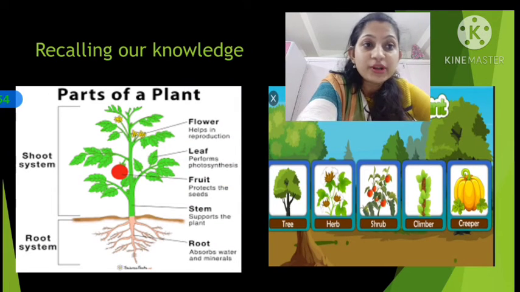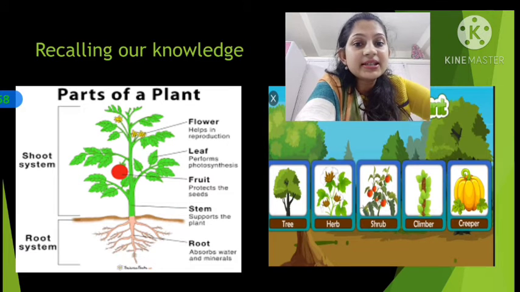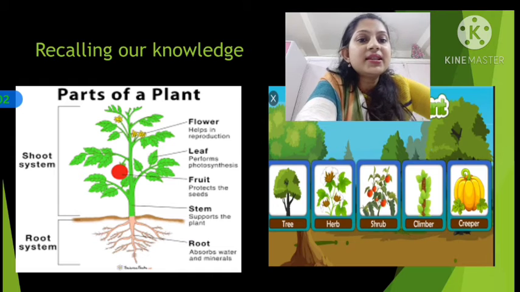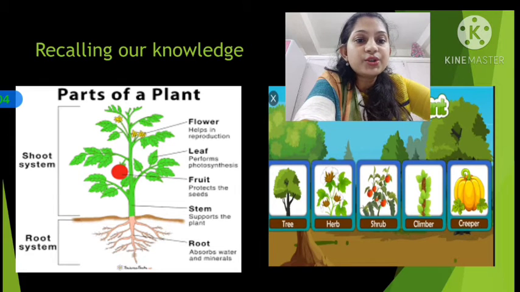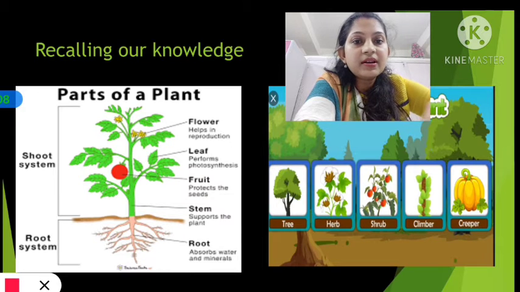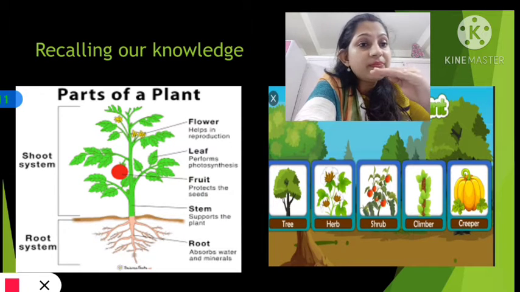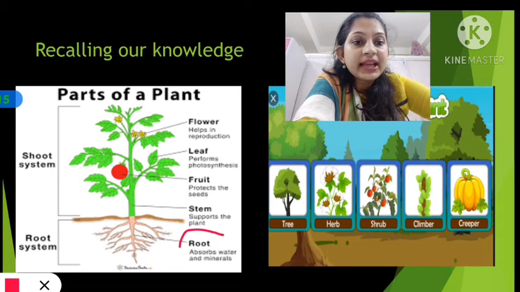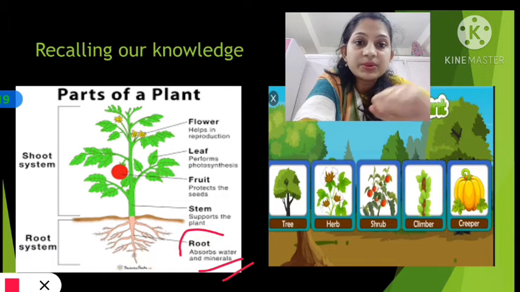Yes, you already know this, you have learned about these things in your earlier classes. So let's have a recap. See, this is a picture showing parts of a plant. Let me take a pen here. The part which is below the ground, below the soil, what do we call it? That is root. What is the function of root? It absorbs water.